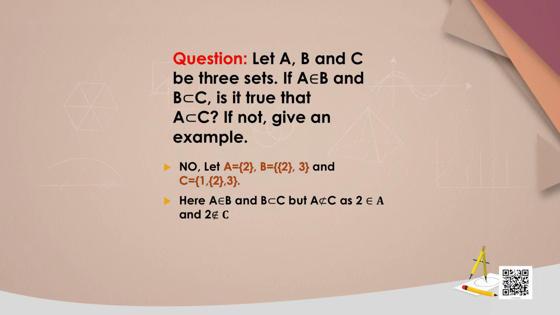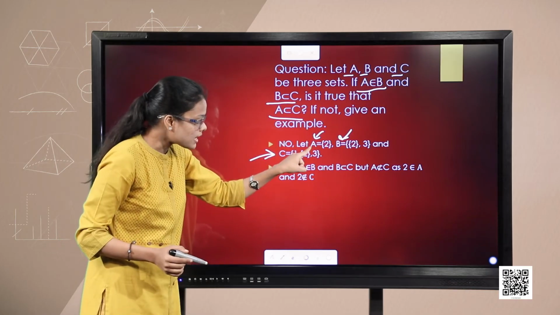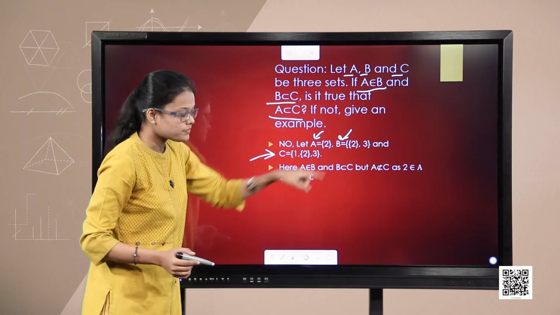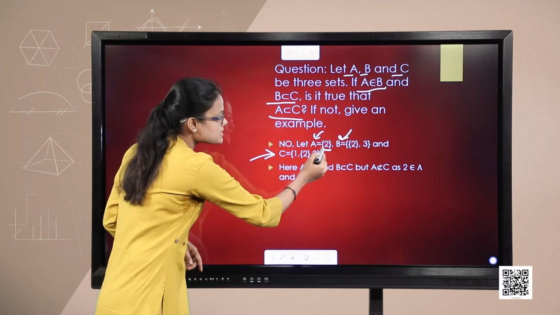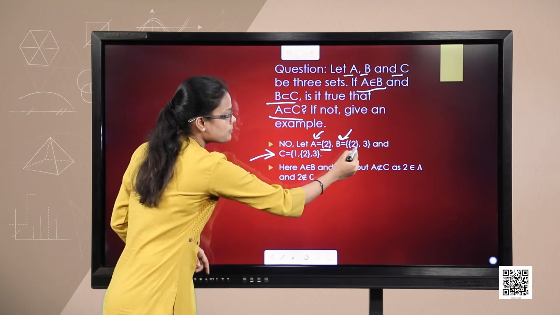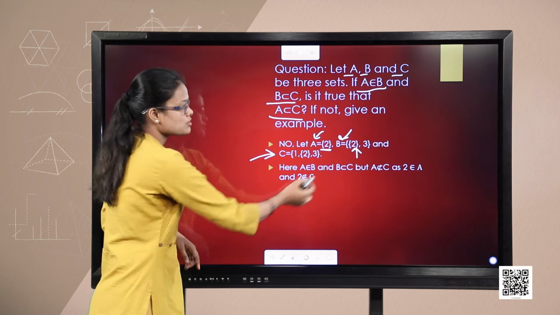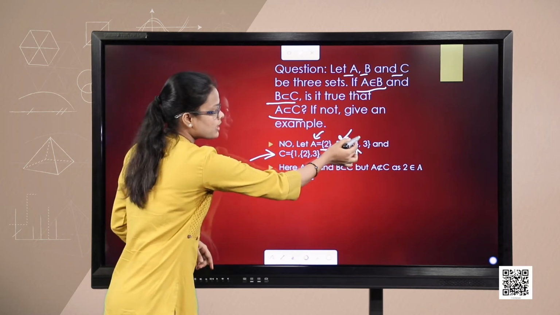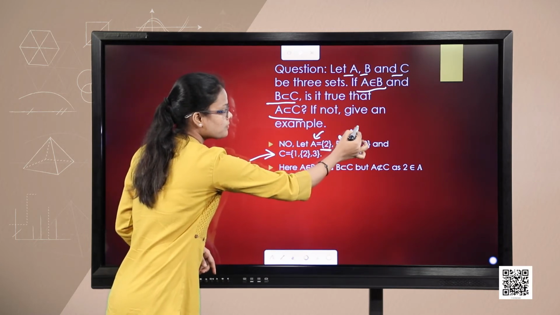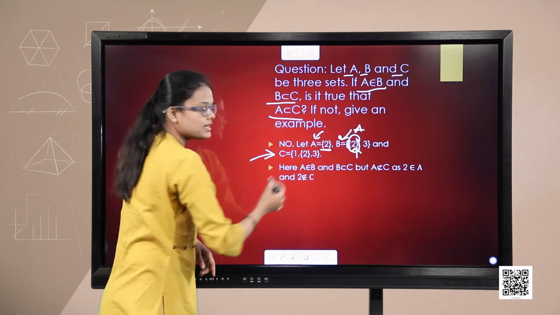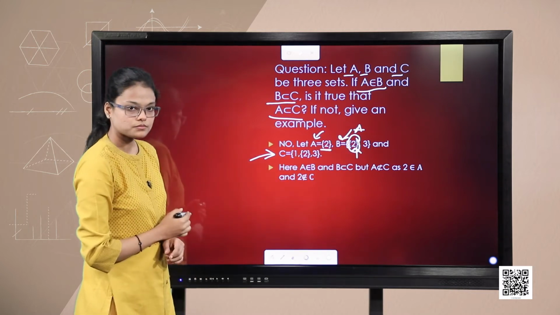B consists of, say, two elements, and remember the set A is a member of B. That means the full set A becomes a member of set B. So, B consists of set A and any other element, say 3.